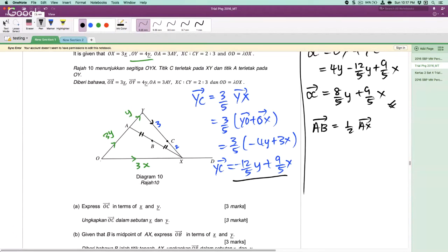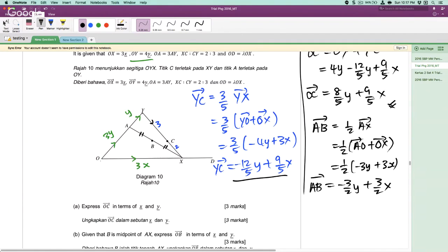Because B is a midpoint, it's definitely half of it. I can easily find AX, which is AO plus OX. AO is negative 3y, OX is 3x. So AB is negative 3 over 2y plus 3 over 2x.